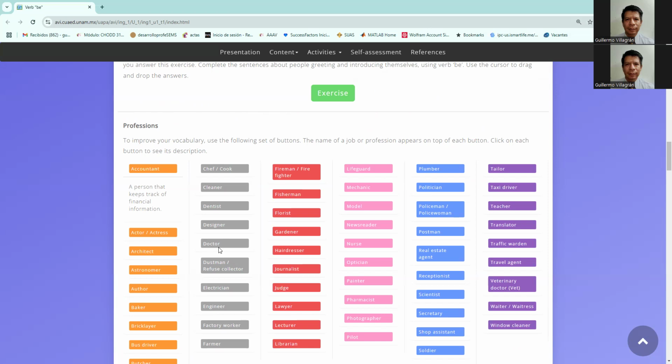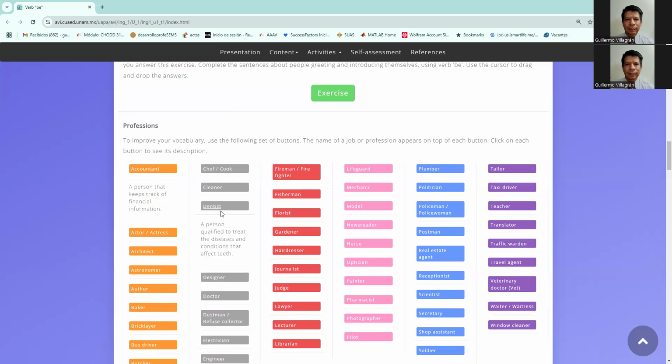Another example in the next column. Dentist: do you know what dentists do? A person qualified to treat the diseases and conditions that affect teeth. Teeth is the plural of tooth. It could be hairdresser: a person who cuts and styles hair as an occupation.